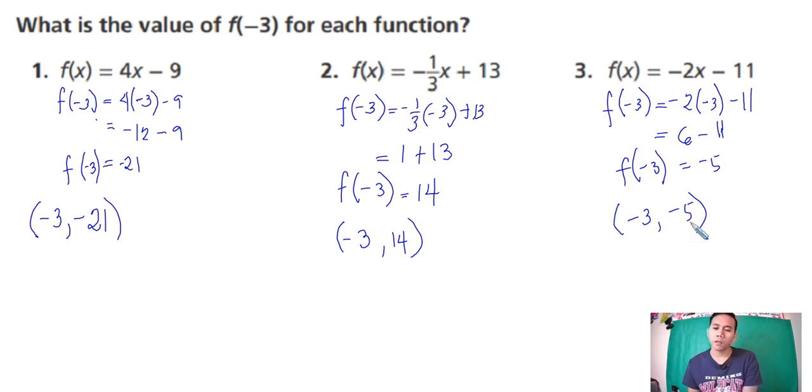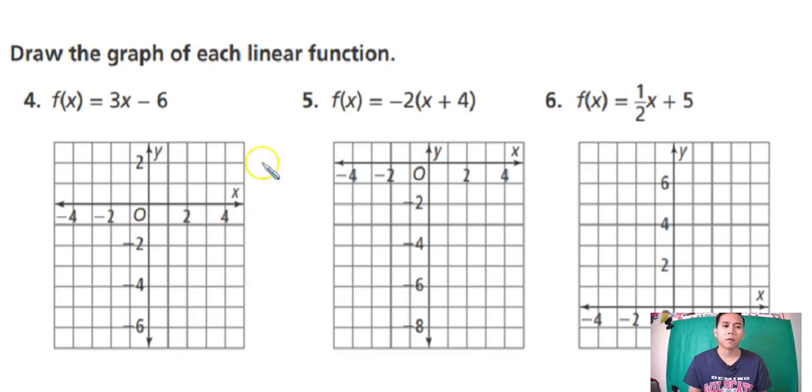Next, we are going to graph a linear function. Draw the graph of each linear function. The same way when we graph slope-intercept form, we'll still be using your slope and your y-intercept. In here, your slope m is equal to 3, and our y-intercept will be (0, -6).